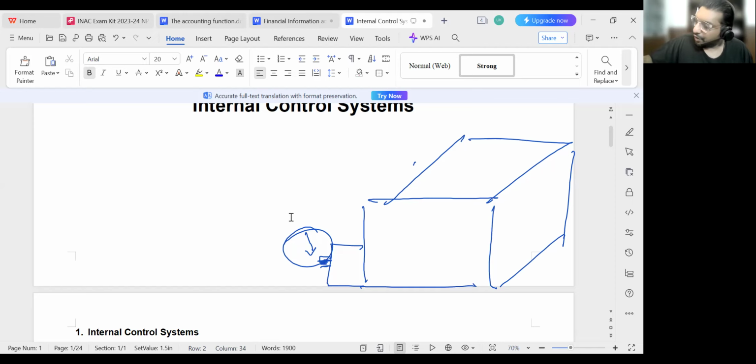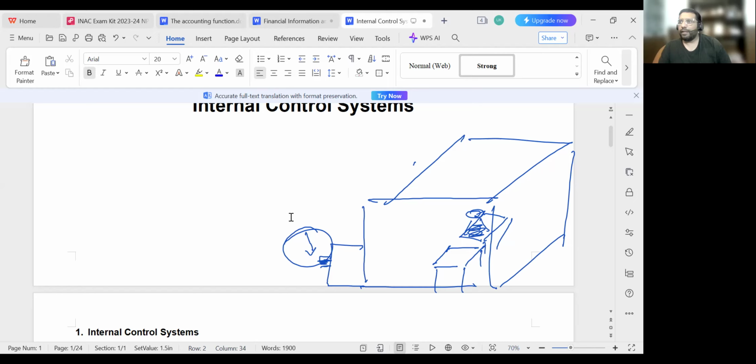You walk into the office. Let's say this is your desk, and this is where your manager is sitting. So your manager is part of the internal control system because he or she is keeping an eye on you.